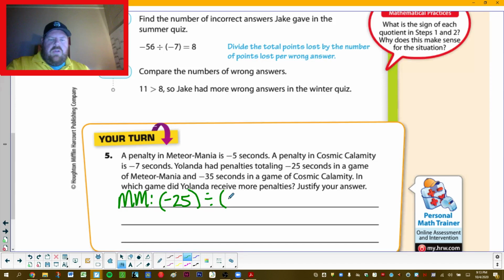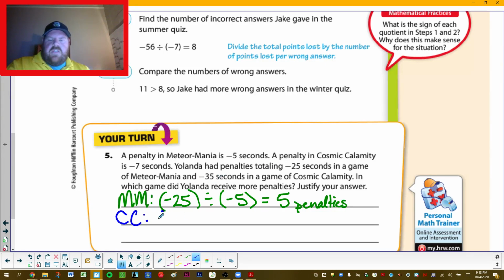So what do we get when we divide that? Negative 5 times what gives me negative 25? That would be 5. Making 5 penalties.